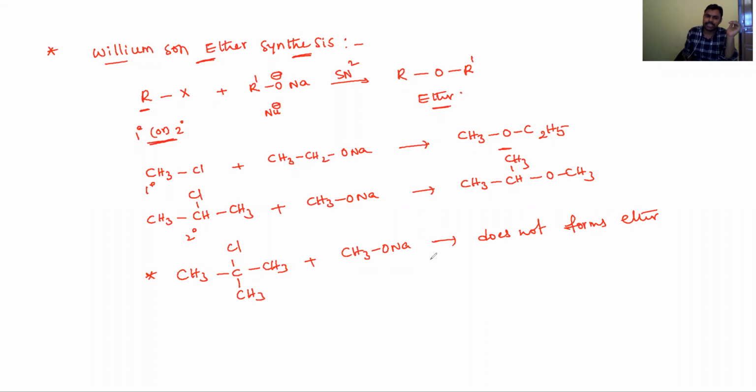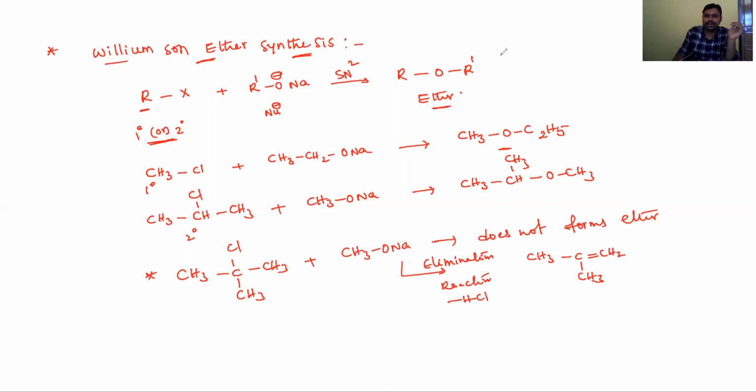It undergoes an elimination reaction, with loss of HCl, hydrogen chloride, to produce alkenes as the products.